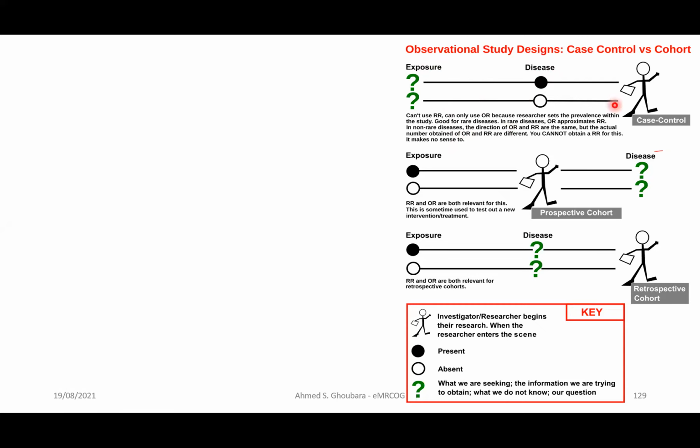So this one, case control, you are here. This is the beginning of the story, the beginning of the journey, and this is the end of the journey. So here you started with disease and no disease. What's hidden? What is the thing that we need to investigate? Exposure. Okay, like smoking and lung cancer.